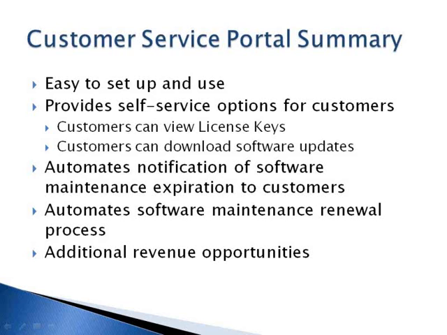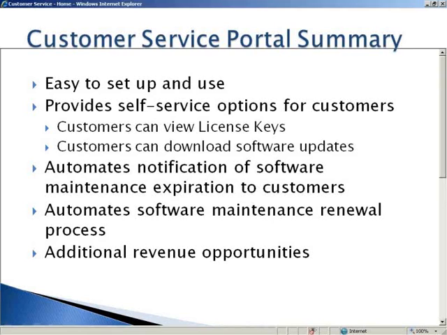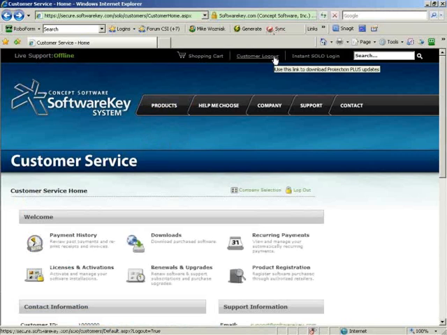The first question: what do I have to do to offer this to my customers? Well, you just have to add a link to your brochure website. Again, showing this here, this link here will allow customers to log in and see the portal. That's all that's needed.